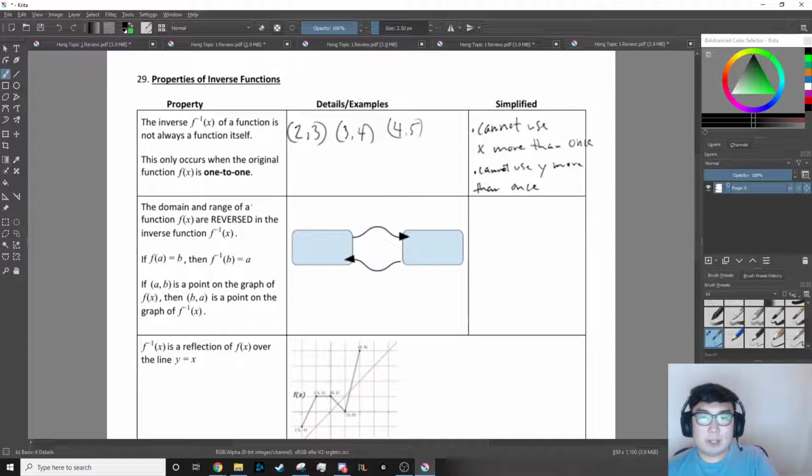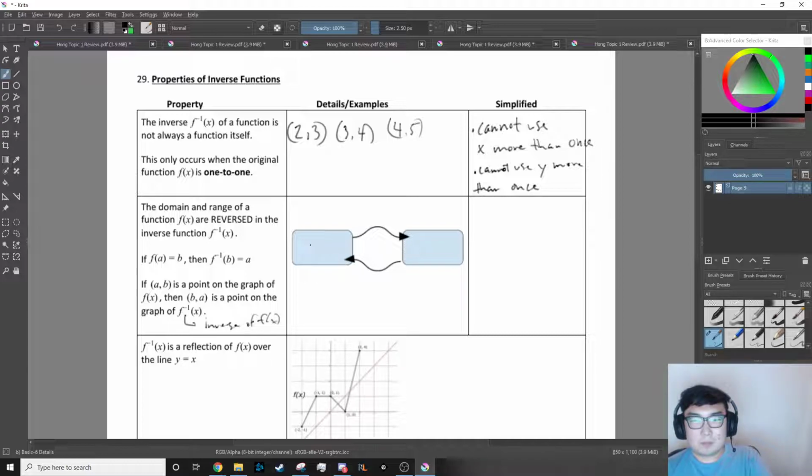The domain and range of a function f(x) are reversed in the inverse function of f. If f(a) is equal to b, then inverse of f(b) is equal to a. If (a, b) is a point of the graph of f(x), then (b, a) is the point of the graph f^-1(x), which is also known as inverse of f(x).